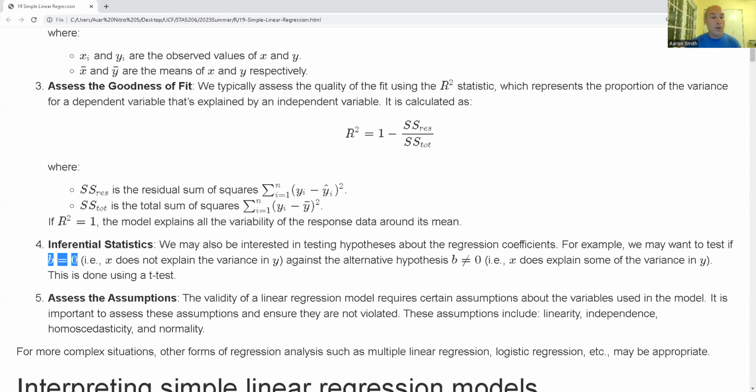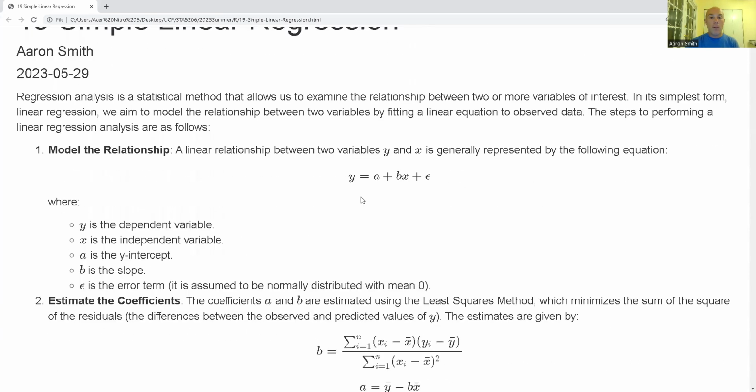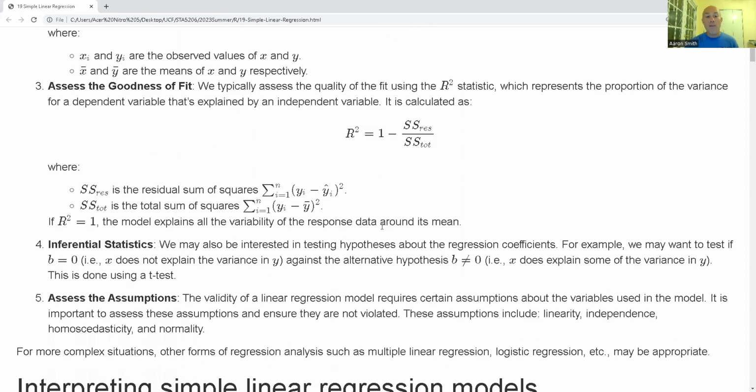So here we'll be testing this. What this means is, if b is equal to 0, if this is my equation and b is equal to 0, then x is not in the equation. So I'm checking to see, does x actually provide informative value for y when I run this hypothesis test? This is by far the most common one when we're doing regression.